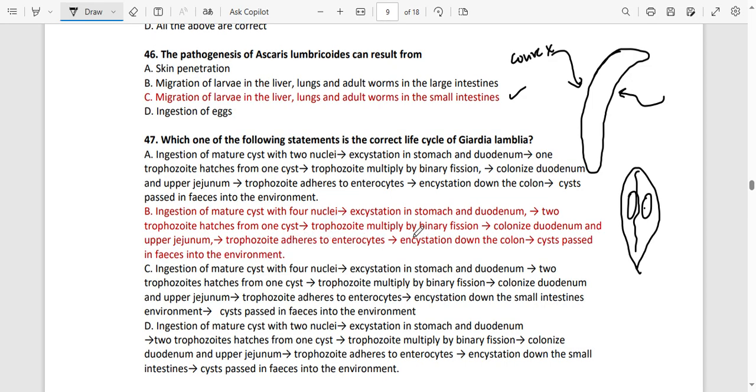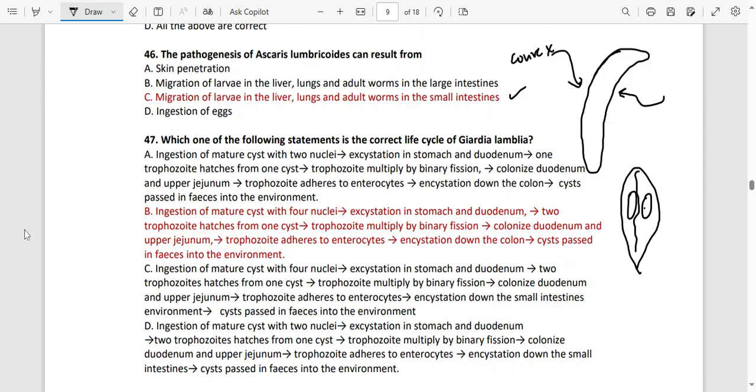Trophozoites are going to multiply by binary fission, and then they'll colonize the duodenum and the upper part of the jejunum. The trophozoites are going to adhere to the enterocytes, and then they are again going to encyst, forming the cyst down the colon.